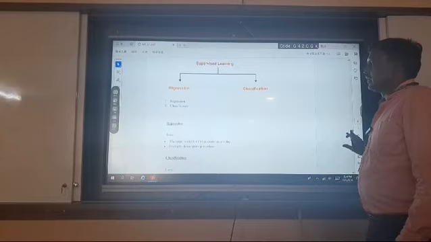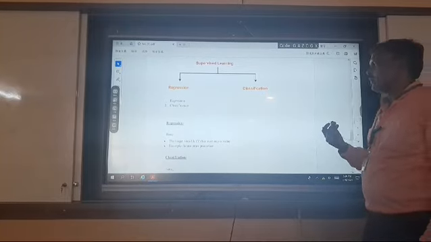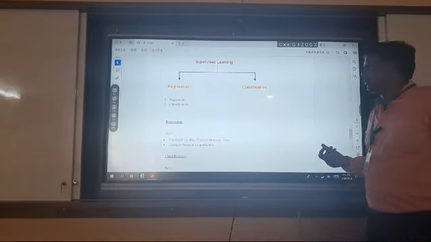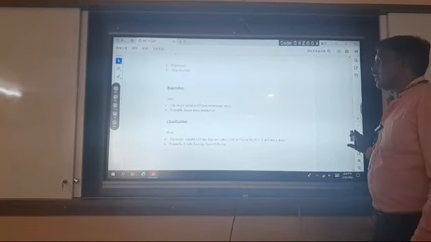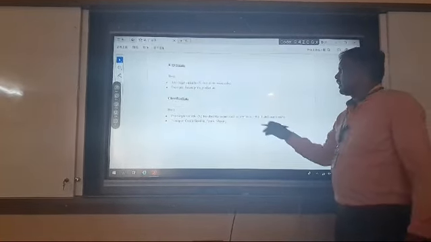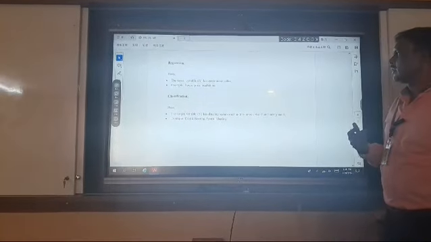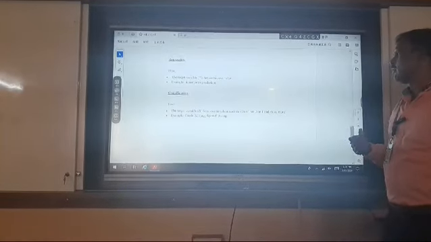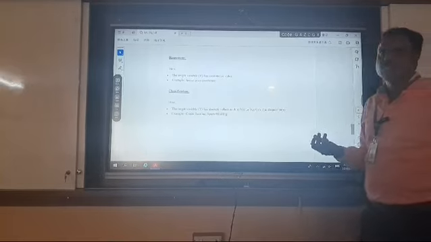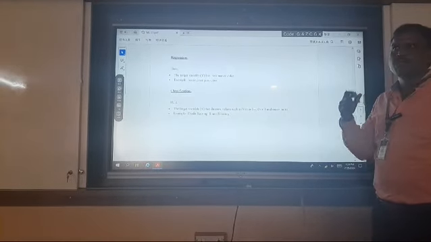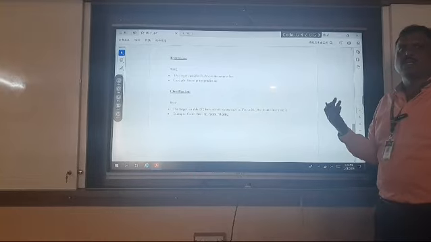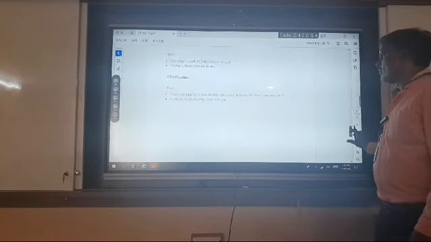In regression, the target value y is a continuous value. Example: house price prediction. What is classification? It works with label data. The target variable y has discrete values such as yes or no, zeros or ones, and many more. Examples are credit score or spam filtering. If you want to filter spam mails, the output is displayed as yes or no.